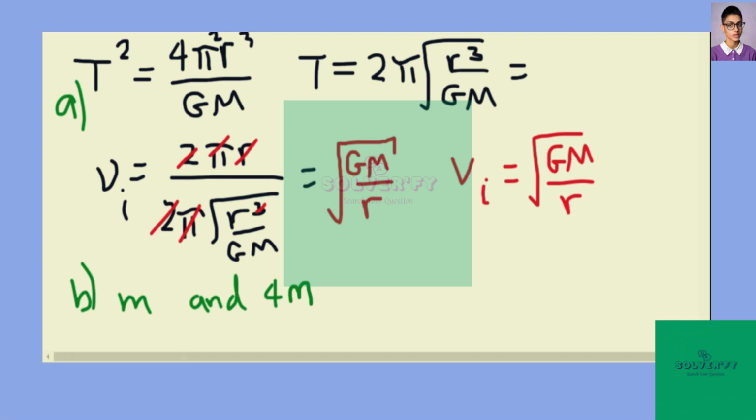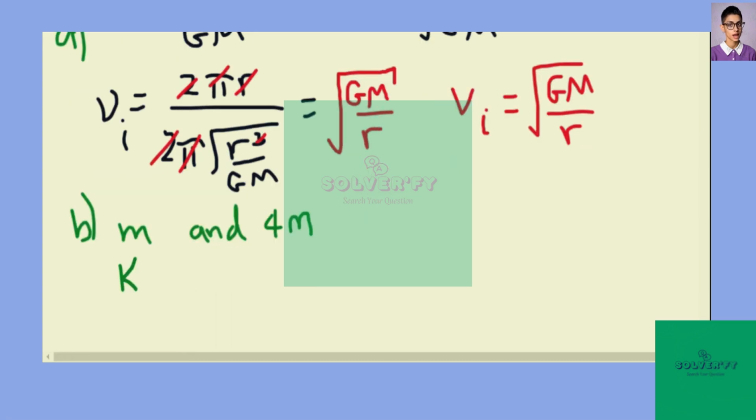So I'm going to write that the kinetic energy before the explosion equals the kinetic energy after the explosion of the smaller one plus the kinetic energy after the explosion of the larger one.